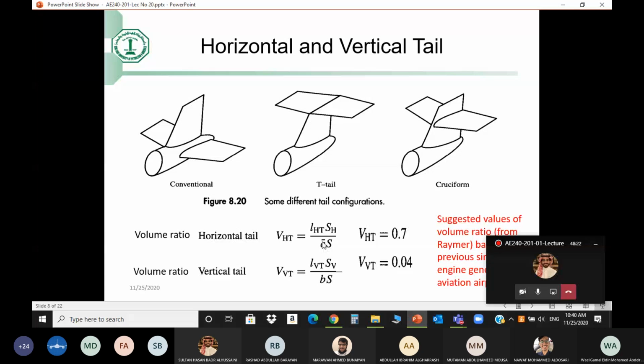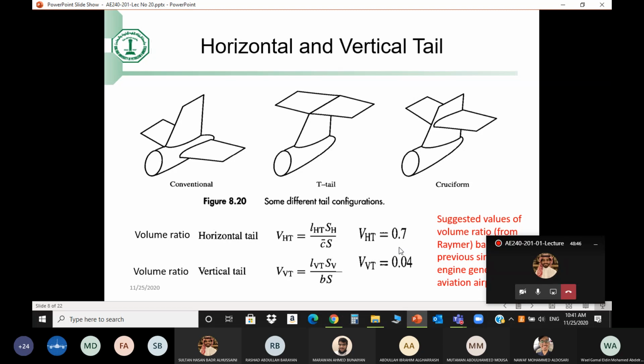Now, the ratio between these two moments is called the tail volume ratio, and it represents how stable the aircraft is. The higher the tail volume ratio, the more stable the aircraft is. So transport aircraft will have a high value of this, 0.8, 0.9, and so on, close to 1.